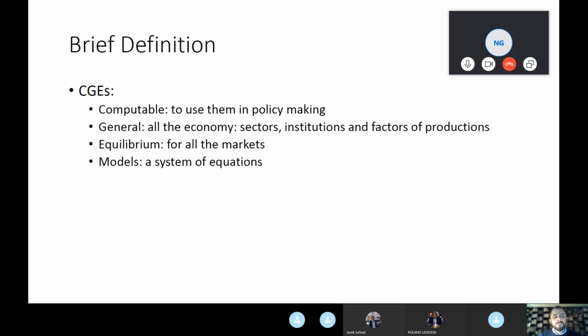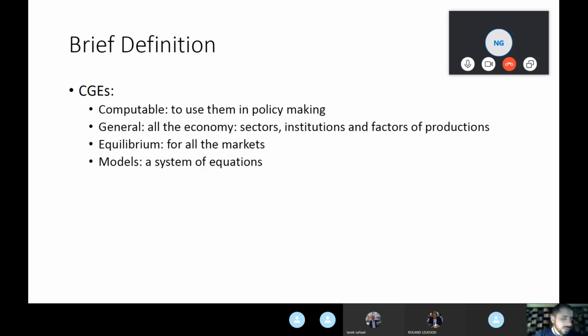So what we'll have to see is what kind of data we can use in order to describe this computable thing, then what are the markets that we have, and how we can model them.